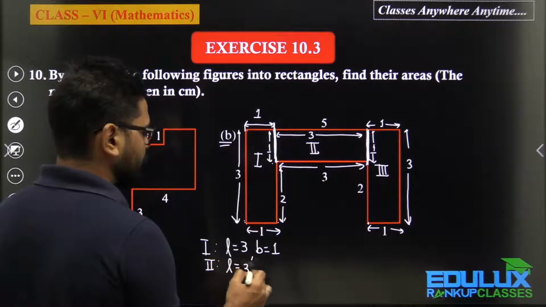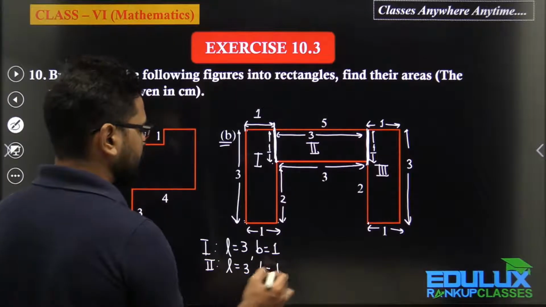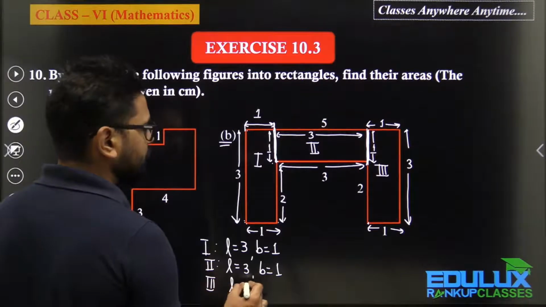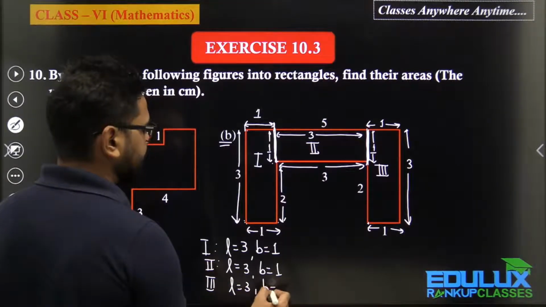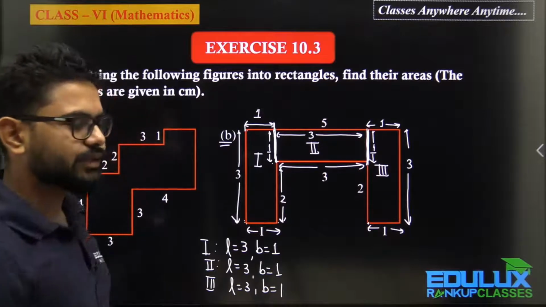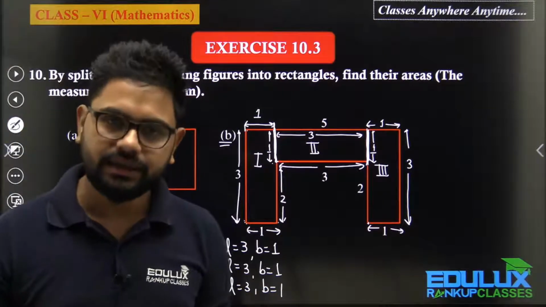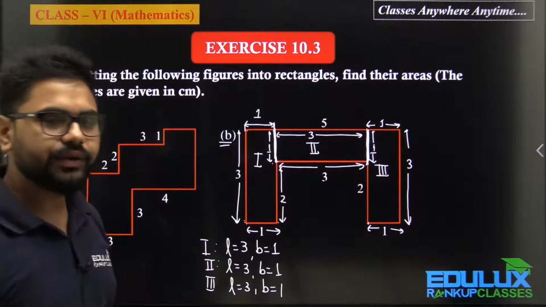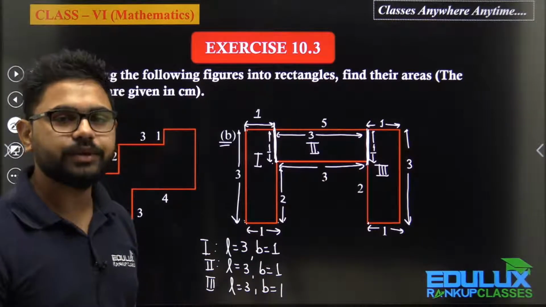Length is equal to 3 and B is equal to 1. And for the third rectangle we are having L is equal to 3 and B is equal to 1. This means we are having three same rectangles, or you can say three rectangles of same dimensions.